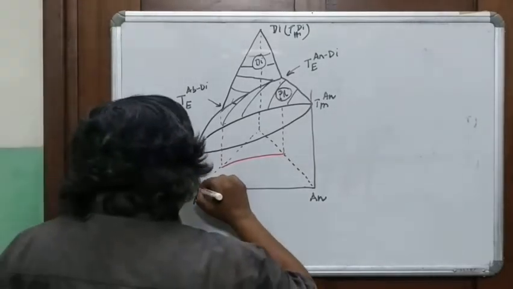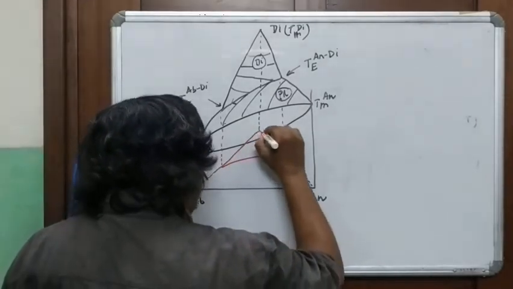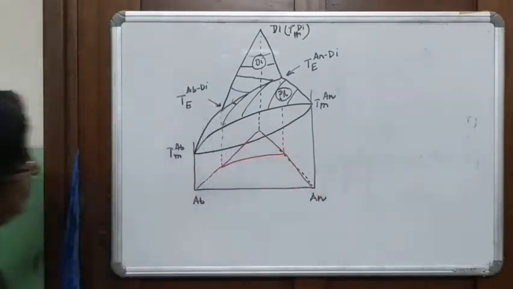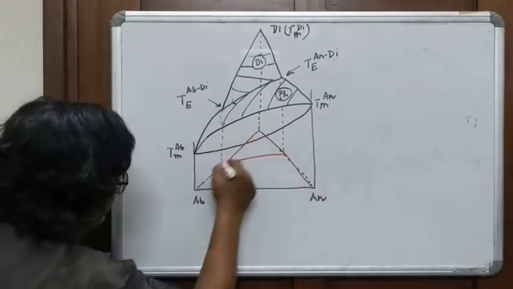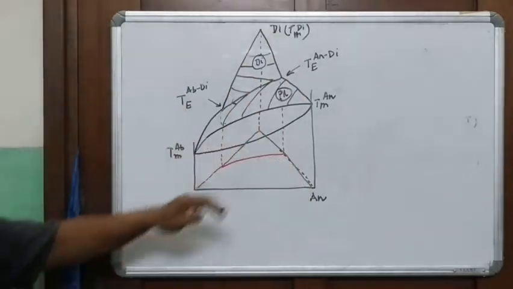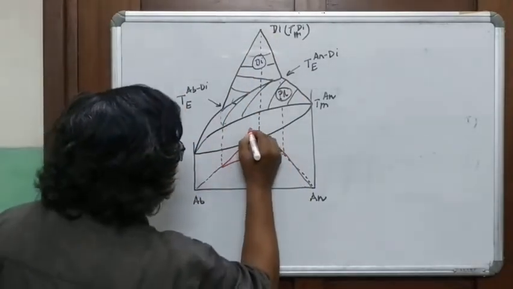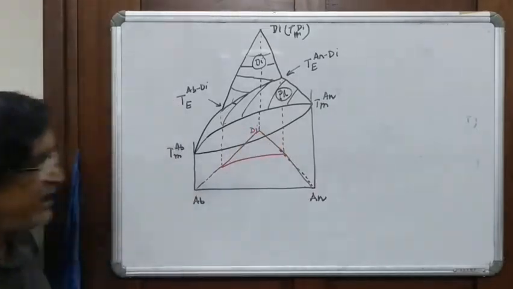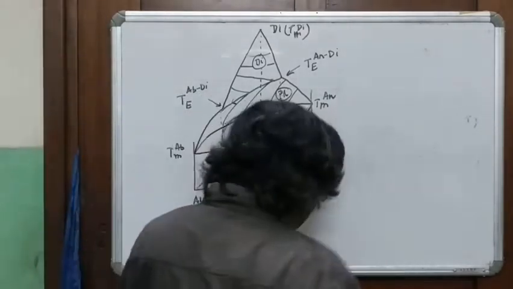and I make this red. So this is what I will see when I project the whole thing on the compositional plane diopside, albite, anorthite. This is what I will see.